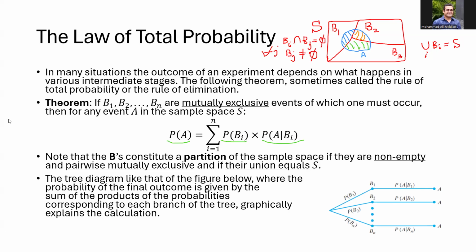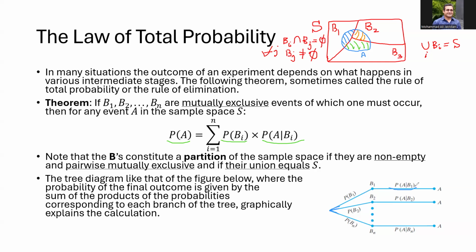So for example, here we have three main branches, P of B1, P of B2, and P of B3, because we have three subspaces. And for each branch, you have to compute the conditional probability of A given that branch.